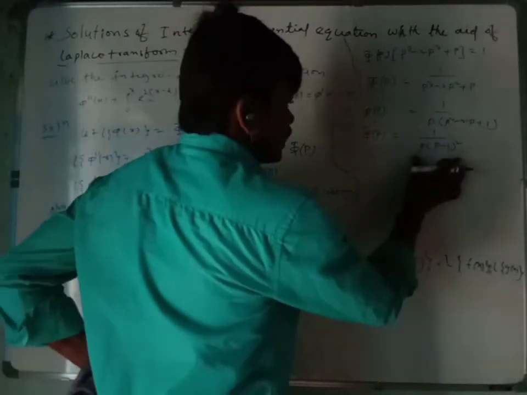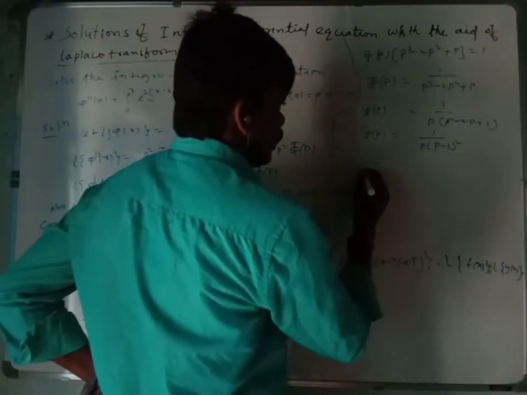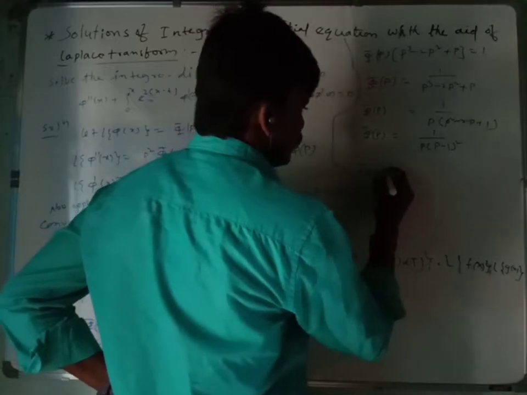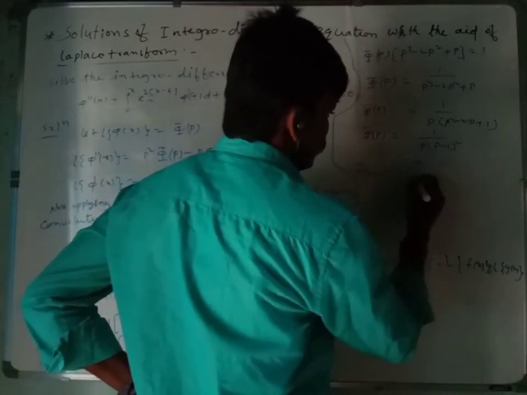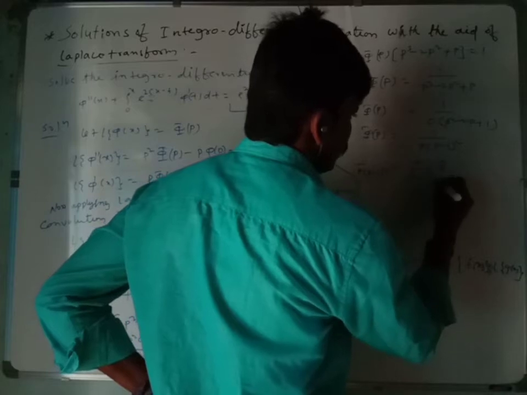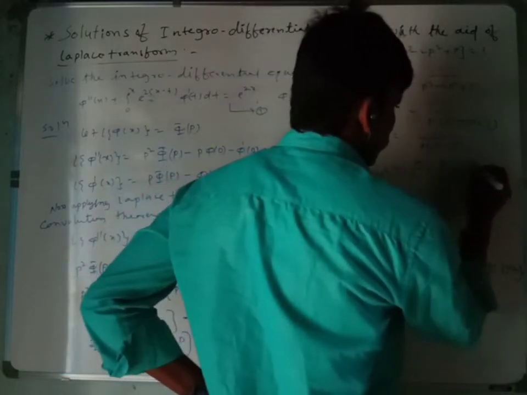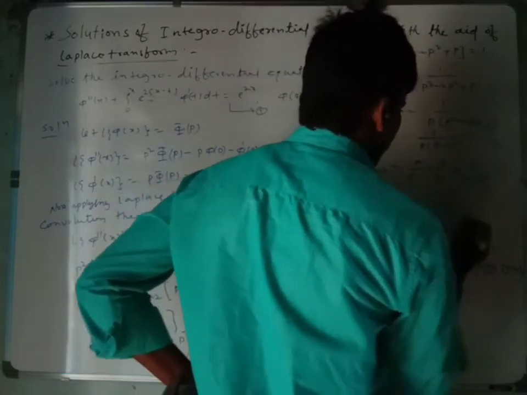Taking partial fractions of 1 upon p into p minus 1 whole square equal to a by p plus b by p minus 1 plus c by p minus 1 whole square.